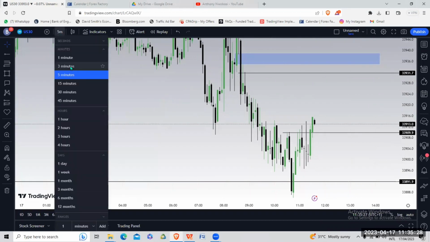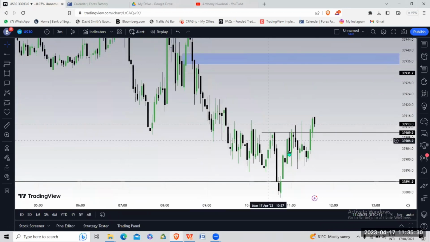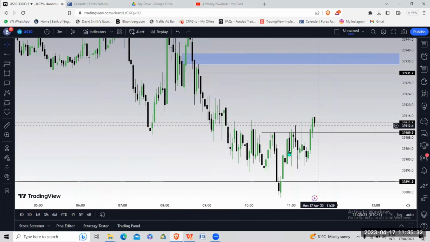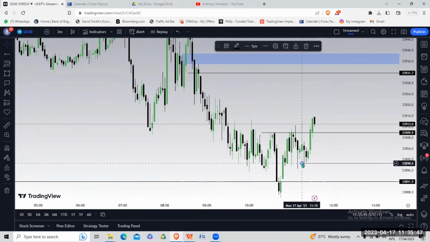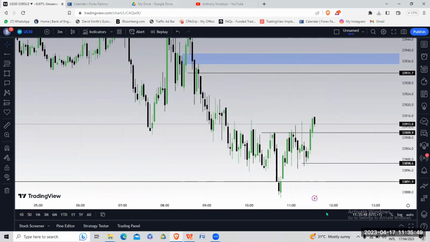So at the close of this candle, as it opens and is retracing, I've already taken a trade, and my SL is here. So let's see how this trade eventually goes through, if it takes SL or not.